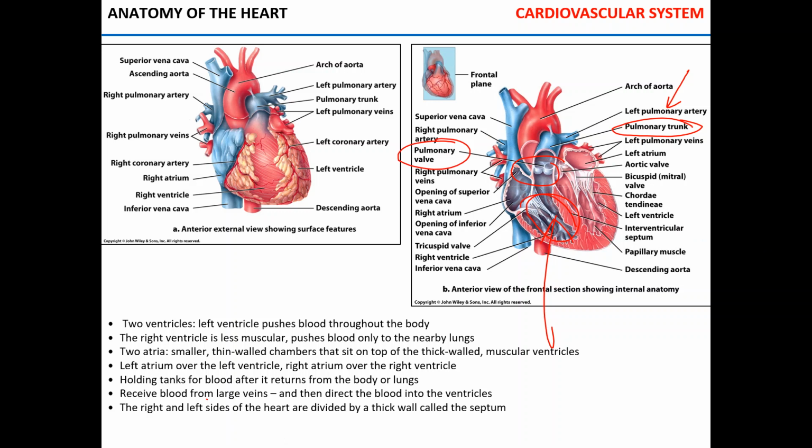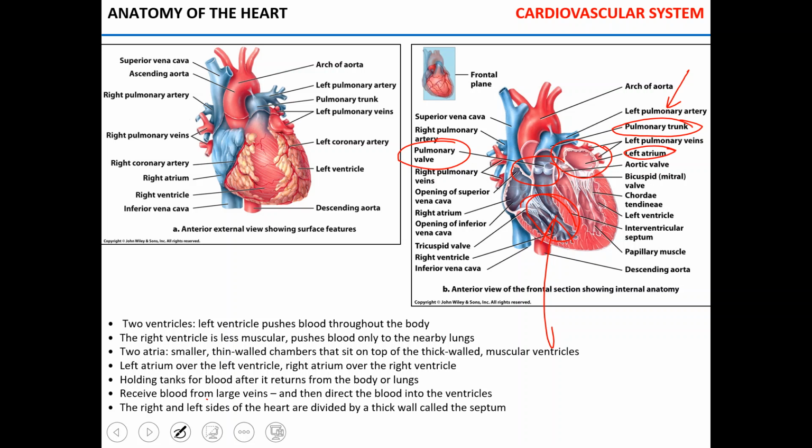Blood goes through the pulmonary circuit where it receives oxygen, and then it is returned into the left atrium, shown here, which resides over the left ventricle.